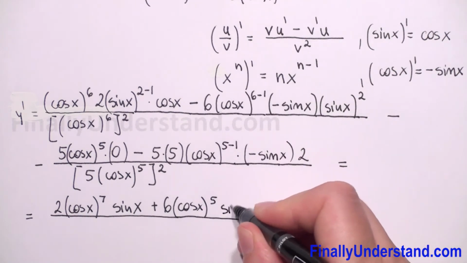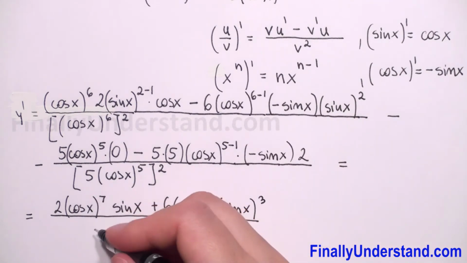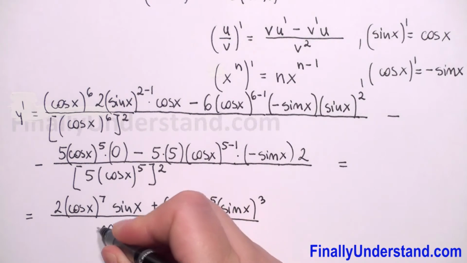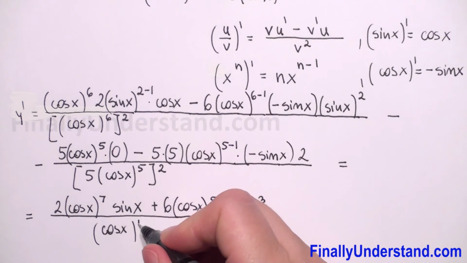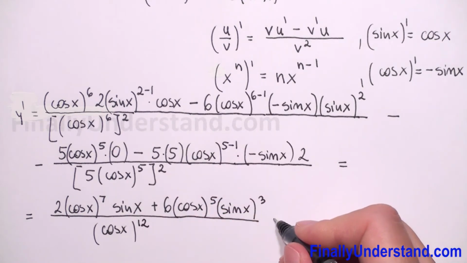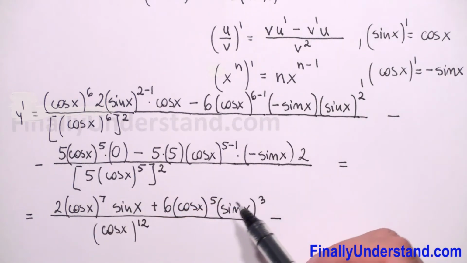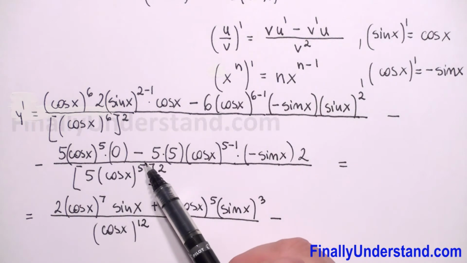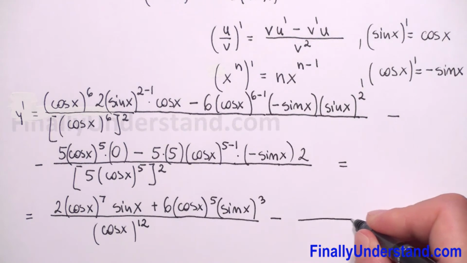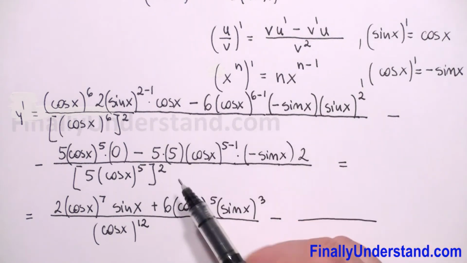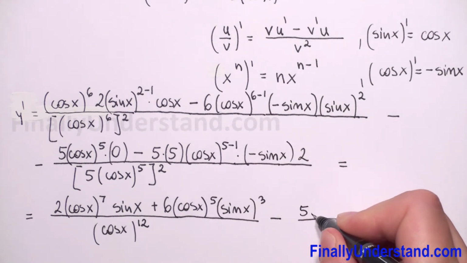So we will have sine of x to power third over cosine of x, and we have power to power, so it will be 6 times 2 is 12, minus 0 times this expression will be 0, so we don't have this expression. Negative times negative will be positive, so we have a positive number in the numerator, and 5 times 5 is 25 times 2 is 50.